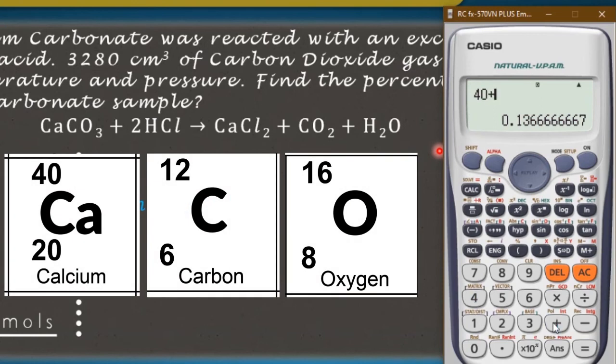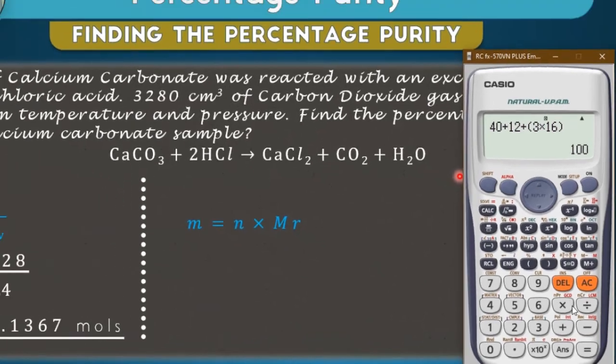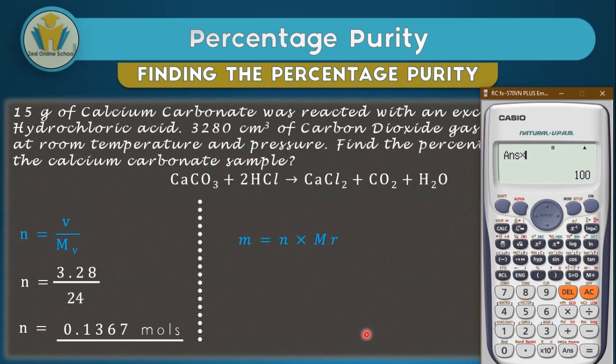Our carbon there is only having one atom, so it will be 12. Then we've got 3 atoms of oxygen. Therefore, the 3 multiplied by the 16, or if you prefer 16 multiplied by 3, you can see our answer is 100. Therefore, we're going to multiply this 100 by the 0.1367.